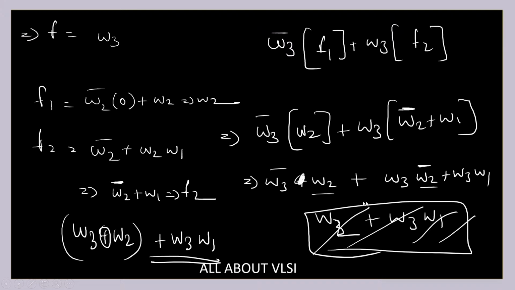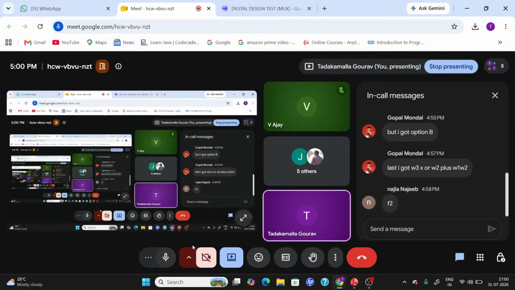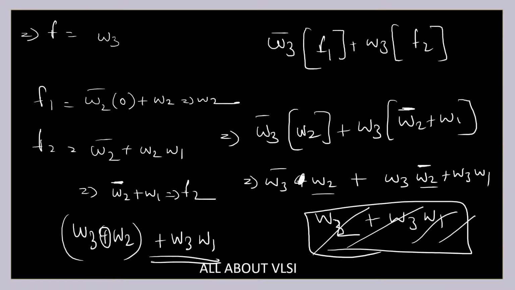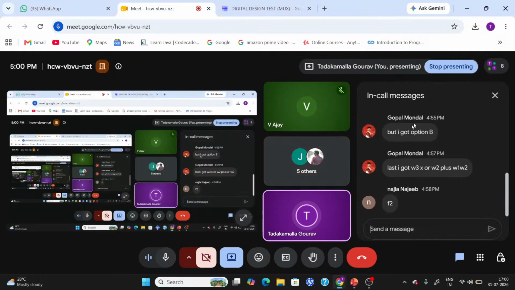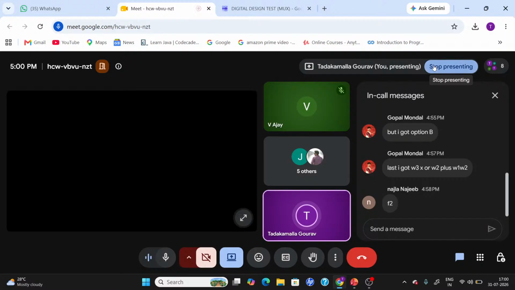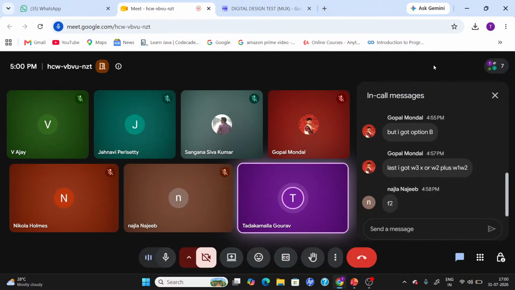And I'm getting W3 bar into W2 plus W3 W2 complement plus W3 W1, which is nothing but W3 XOR with W2 plus W3 W1. This is what I'm getting. Once I will check the question and verify what is exactly wrong over there.